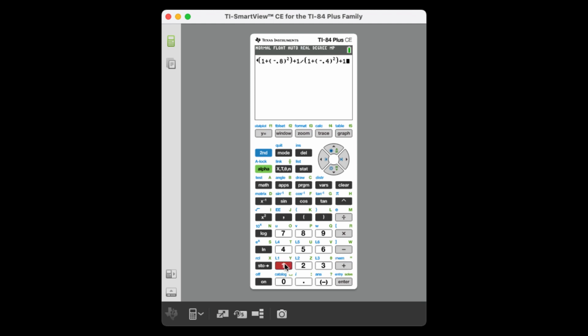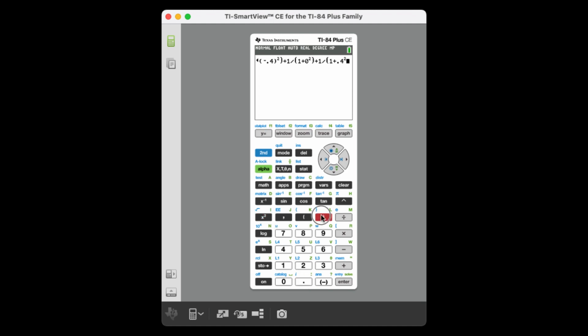Plus 1 divided by, close that. 1 plus, what comes after negative 0.4? Isn't that 0? All right, well, that's just 1, but okay. 0 squared, just for completeness. Plus 1 divided by 1 plus, now it's 0.4.